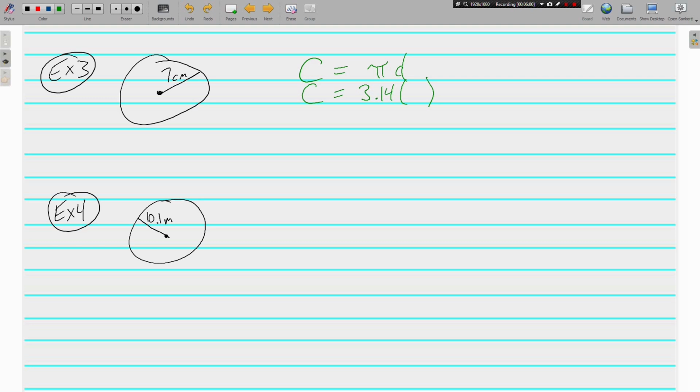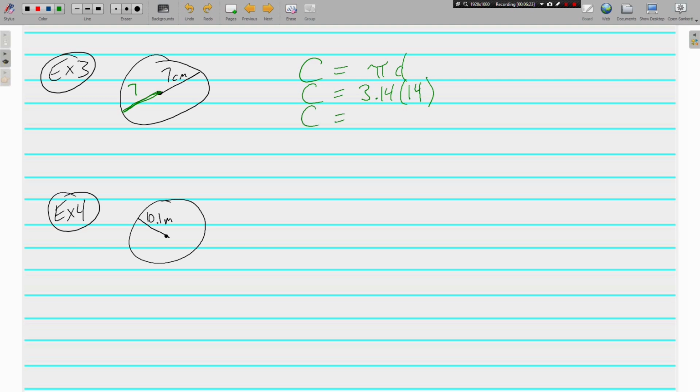Remember, we need diameter. D stands for diameter, which goes all the way across the circle. But what we're given is the radius, which is only from the circle to the center. So even though the radius is 7, the diameter of this circle is 14.